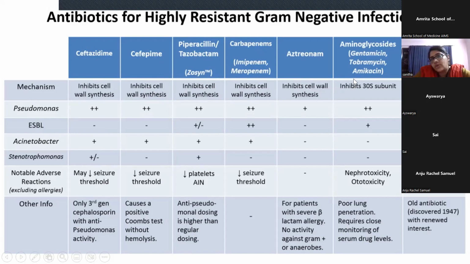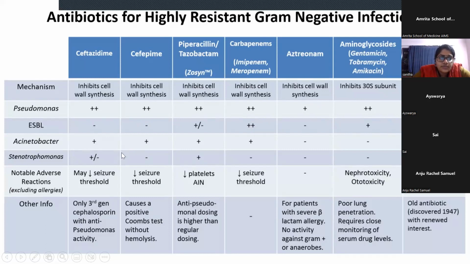Then there is aminoglycosides, which inhibit the 30S ribosome. And there is colistin, which damages the cell membrane of gram-negative organisms. So these antibiotics are effective for Pseudomonas. All of them are effective for Pseudomonas, but for extended spectrum beta-lactamases, aminoglycosides, carbapenems, and colistin are active.